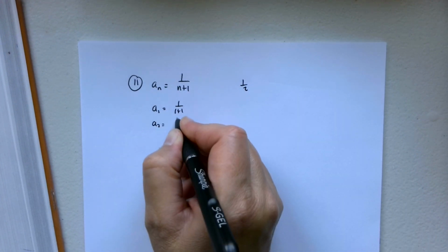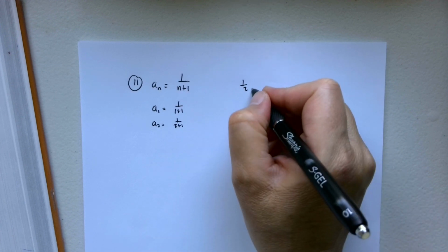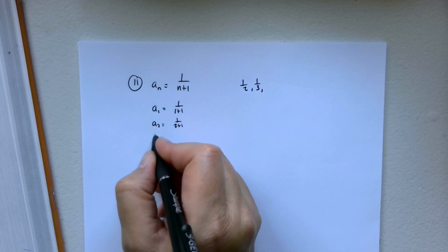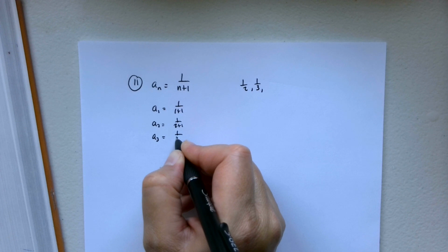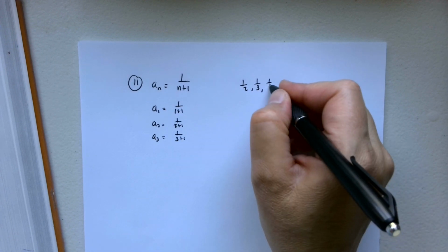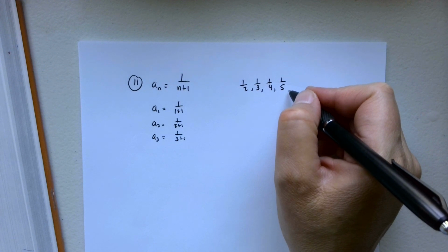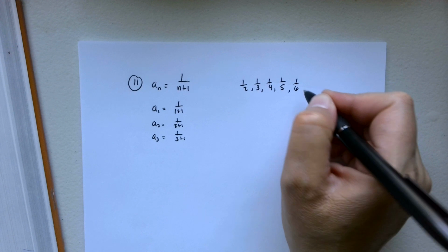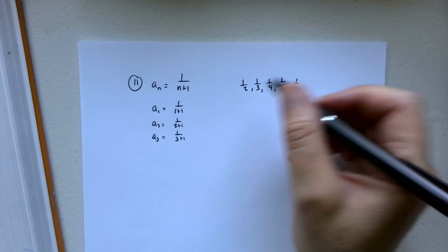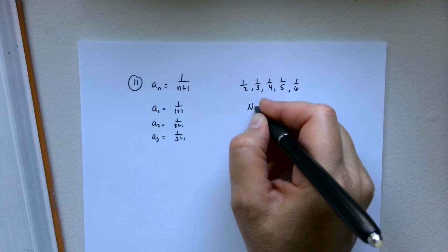Our second term, we would put 2 in, and we're going to get 1/3. For our third term, we're going to put 3 in, we'll get 1/4, and then we would get 1/5. And they want 5 terms, so this is 1/6, and this is not arithmetic.